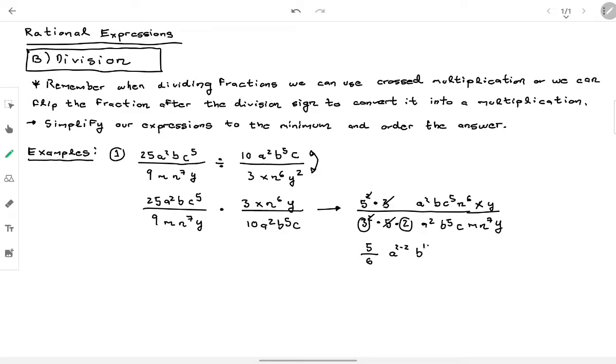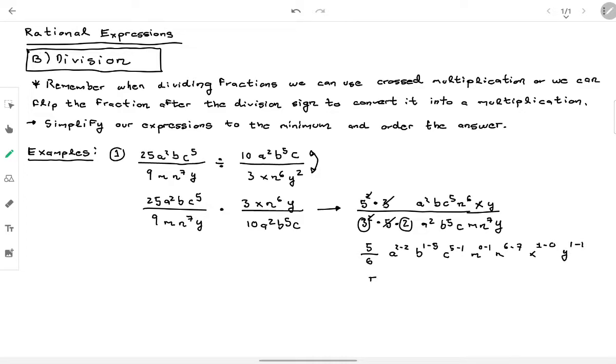B, it's going to be 1 minus 5. C, it's going to be 5 minus 1. M, it's going to be 0 minus 1. N, it's going to be 6 minus 0. No, I'm sorry, minus 7. We have an n on the bottom. X, it's going to be 1 minus 0. And y, it's going to be 1 minus 1.